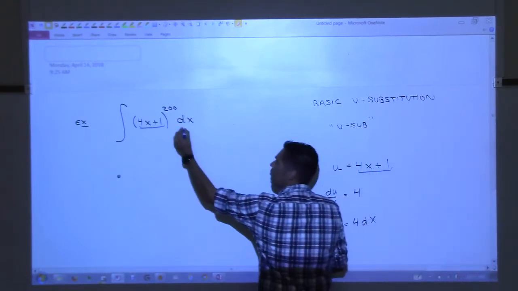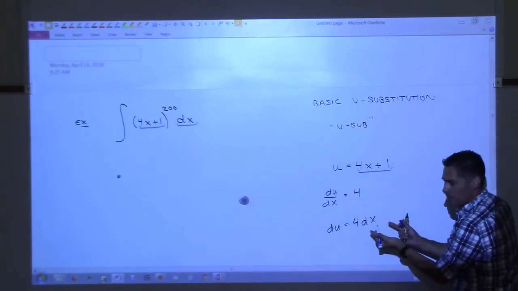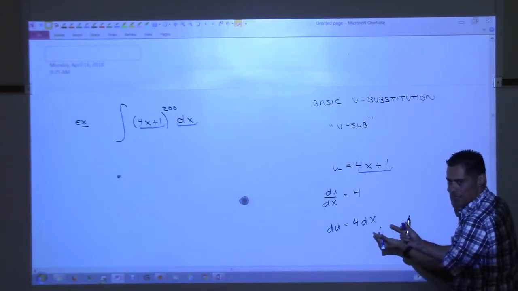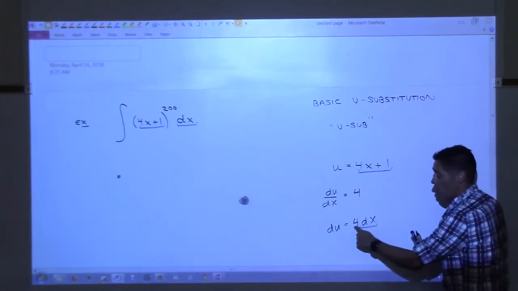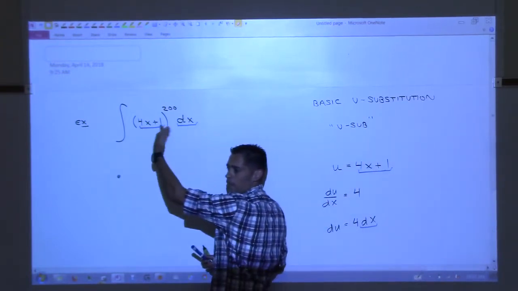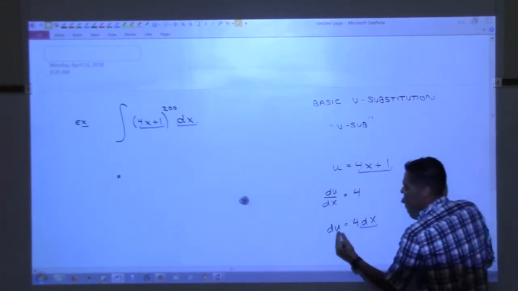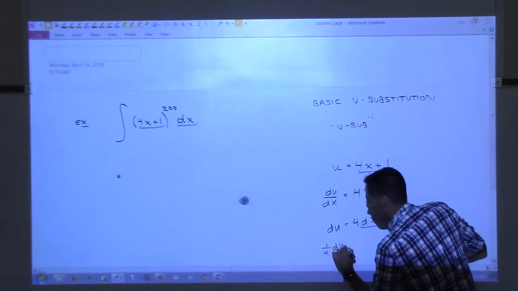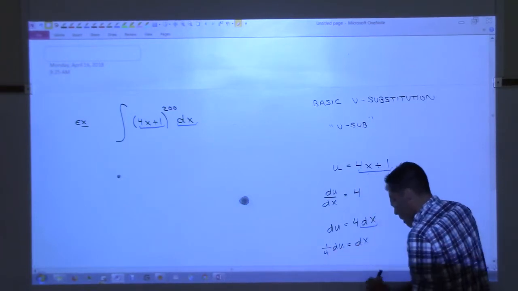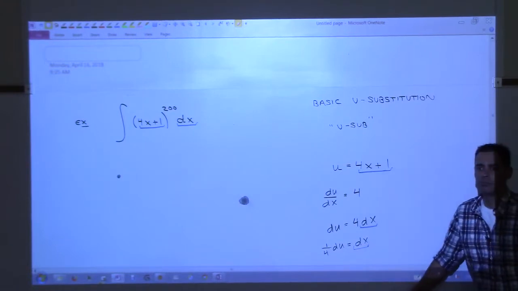Now, I'm going to try and replace dx with something. And here, I have something that has dx in it. Do you see the dx right here? Now, I don't have the 4, right? I didn't have a 4 up here. But because it's a constant, can't I just multiply both sides of this little equation by 1/4? Just scale it out. And wouldn't I have a new little equation here with dx there?